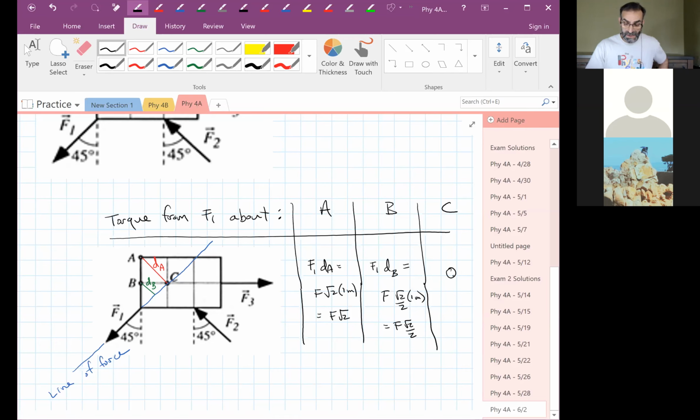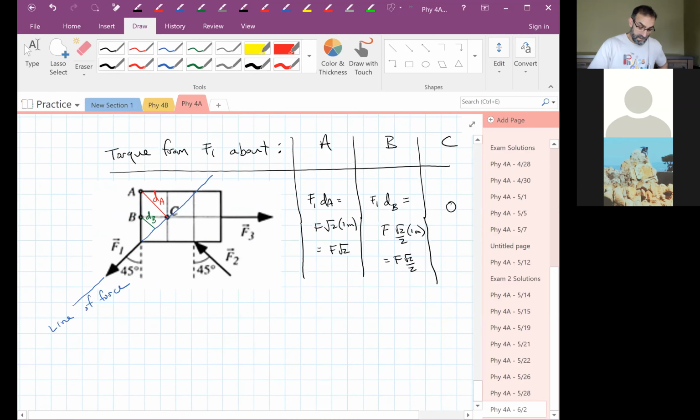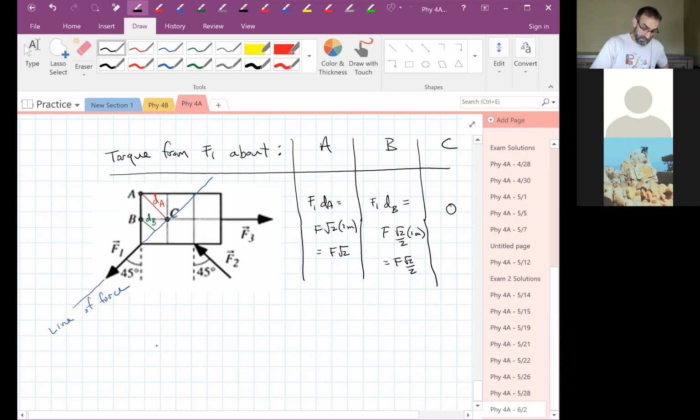Just use your trig functions. It's a 45-degree angle, right? The diagonal of a square is the square root of 2 times the length of the side. So if the length of the side is A, Pythagorean theorem tells you that capital D squared is A squared plus A squared, right?